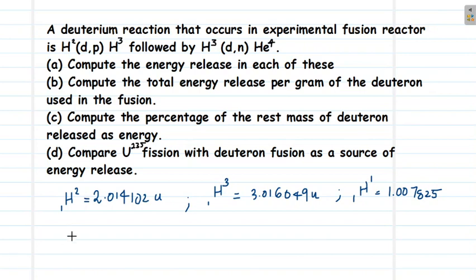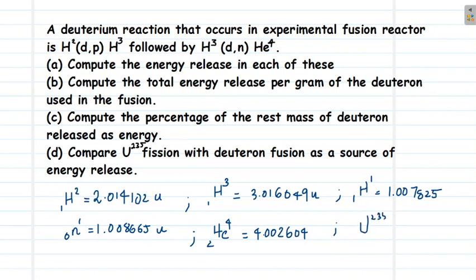The mass of a neutron, 0n1, is given by 1.008665 u, and the mass of helium-4 is 4.002604, and finally the mass of uranium-235 is 235.0439.